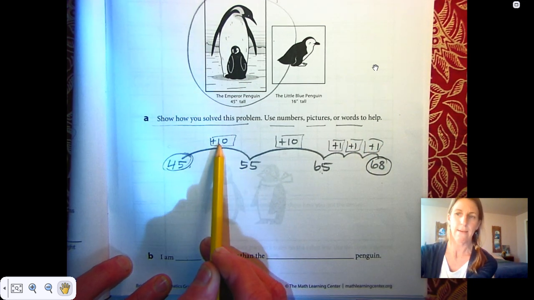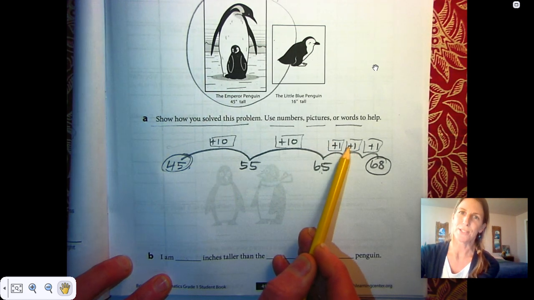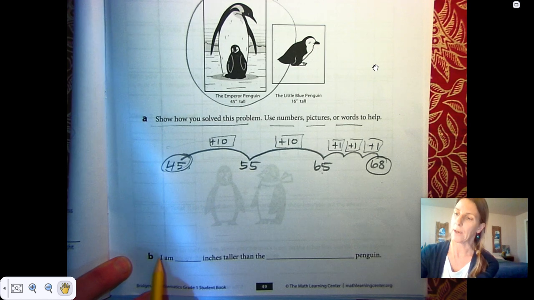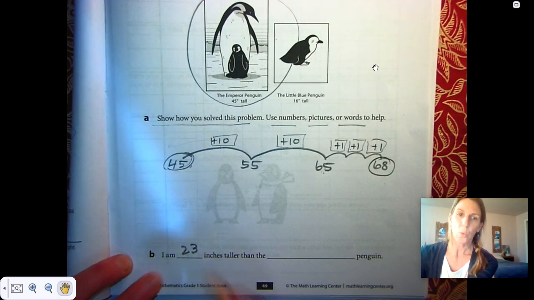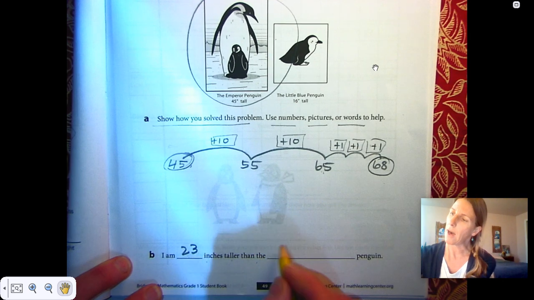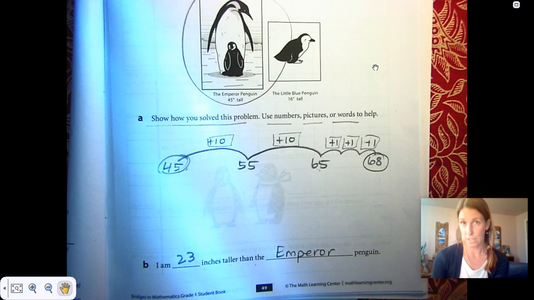So 10, 20, 21, 22, 23. I am 23 inches taller than the emperor penguin. That's my answer.